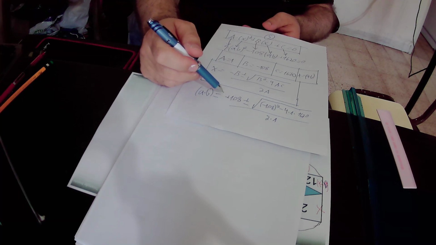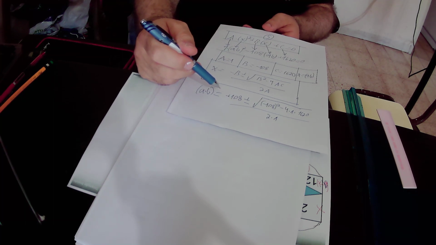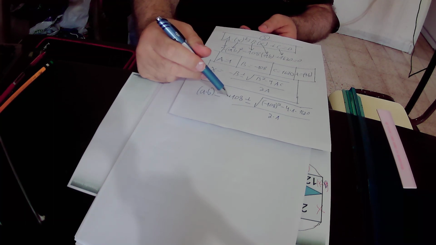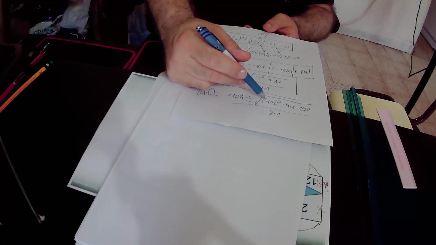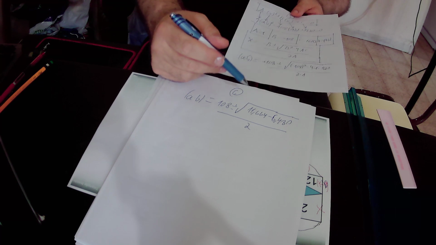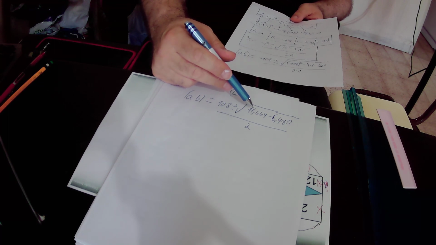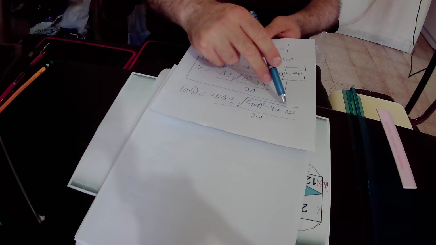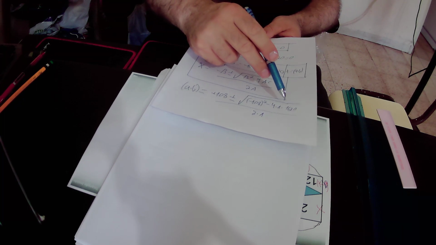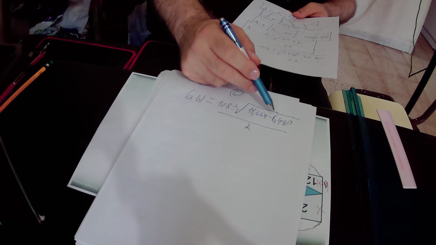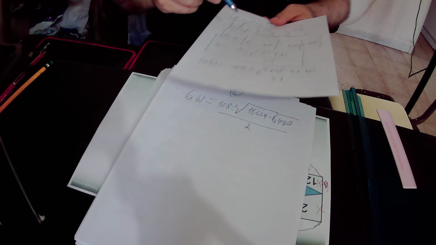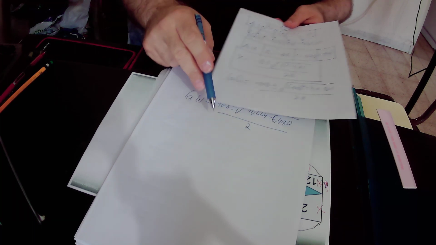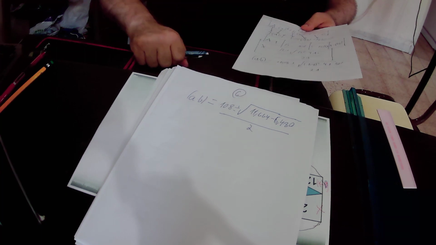Here we have a times b equals plus 108 plus minus the root of negative 108 squared, which equals 11,664, minus 4 times 1 times 1620, which equals 6,480, divided by 2 times 1, which is 2.